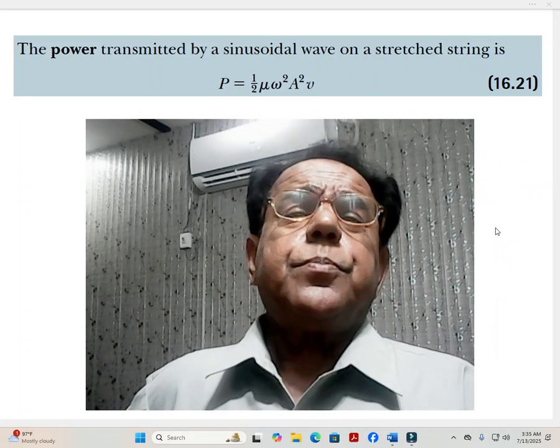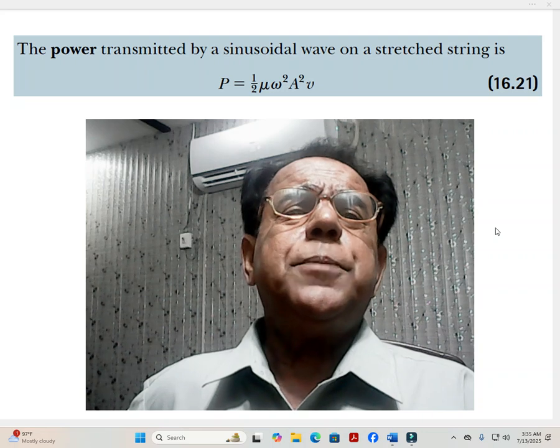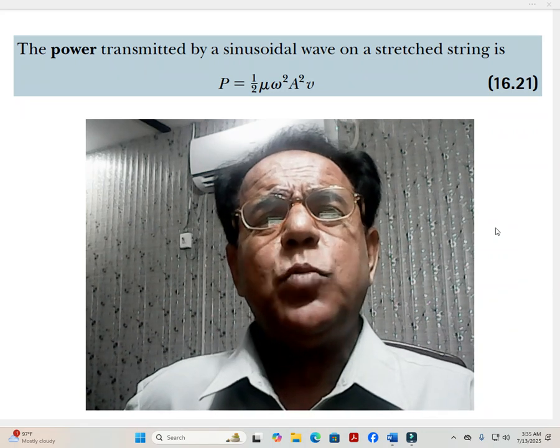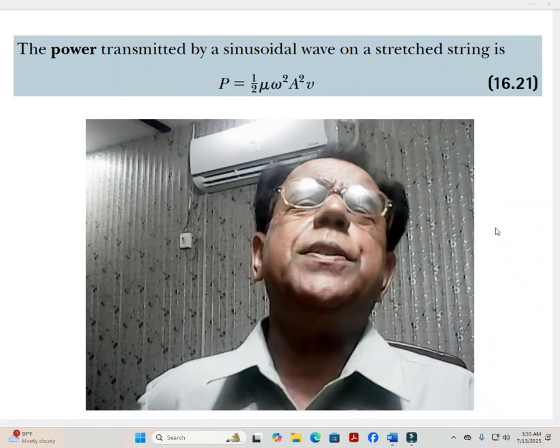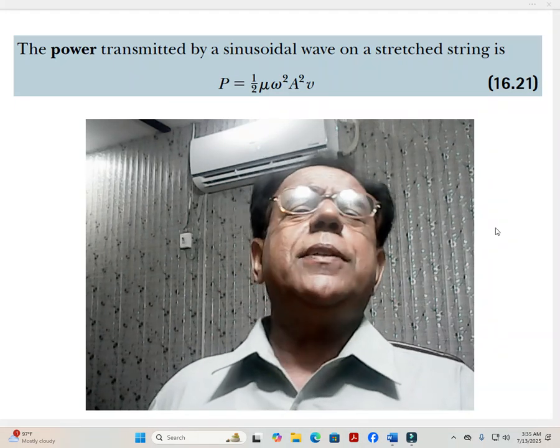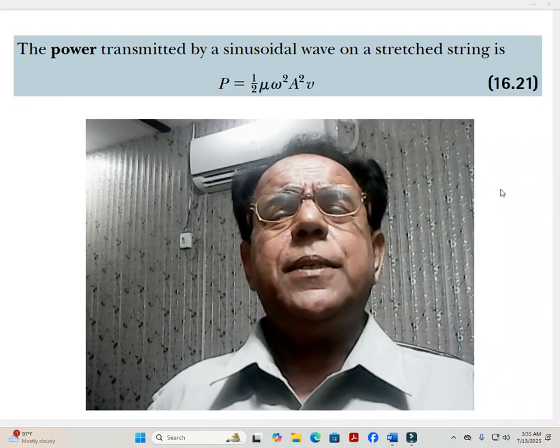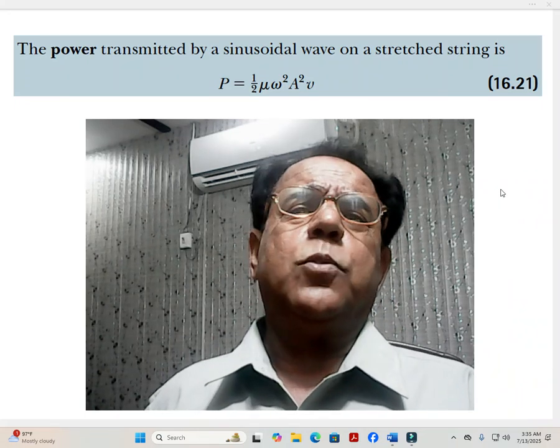Here mu is the mass per unit length, omega is angular frequency, A is amplitude, v is speed. We will just put all values in this expression and our problem will be solved.